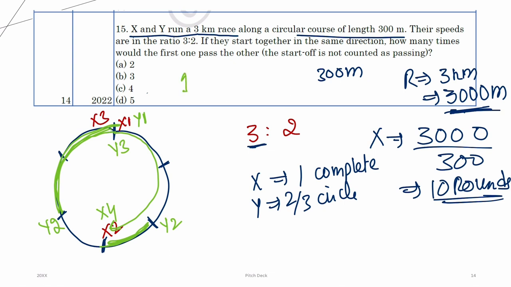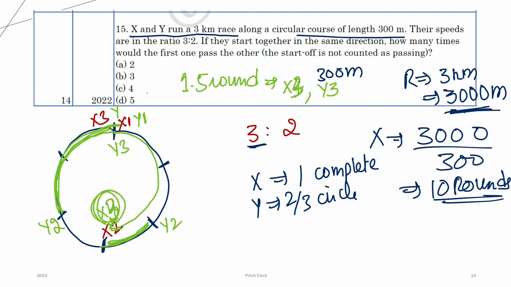So after 1.5 rounds, where is x? X is at the position of x4, and where is y? Y is at the position of y3. So this should also be x3. Let's say this is x3, this is y3.